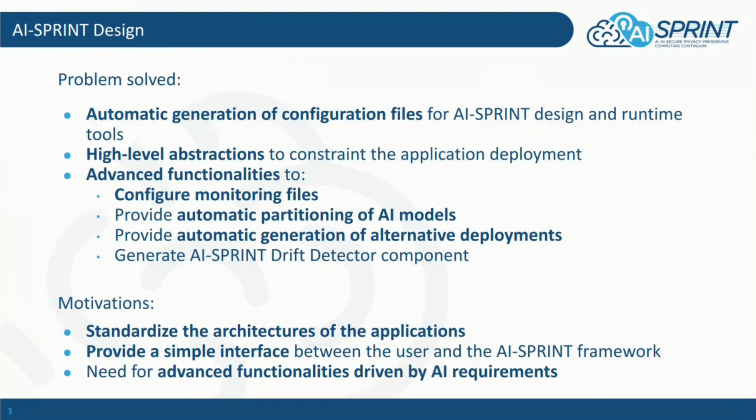The 𝗖𝗄𝗃 design tool provides a set of important functionalities for the automatic generation of configuration files for both the 𝗖𝗄𝗃 design and runtime tools, and for the automatic design of application components.